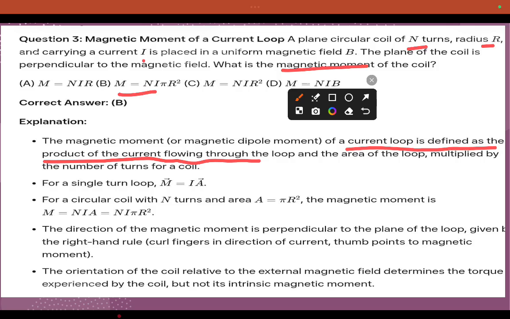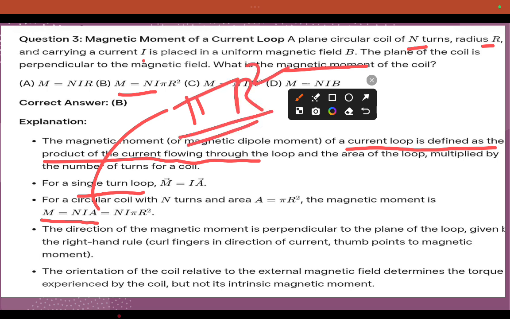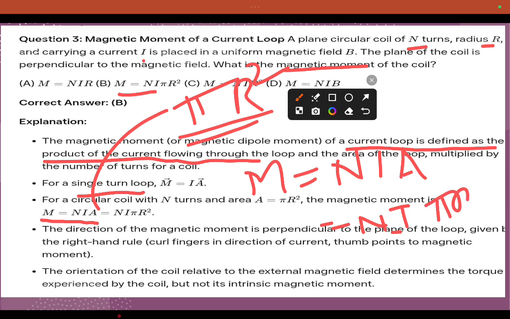Simply, for a single turn, M equal to I A. For N number of turns, M equal to N I A, where N is the number of turns and A is pi r square. So M equal to N I pi r square.